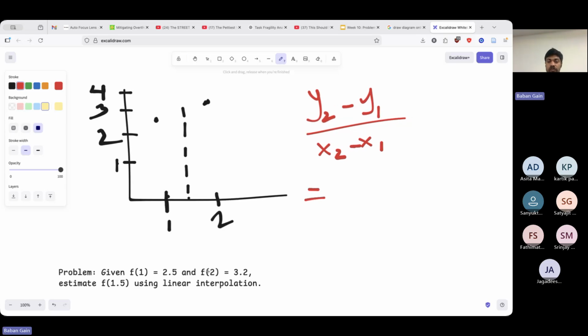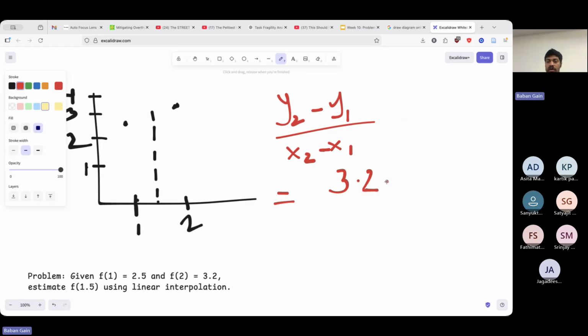Like f of x is like y, so 3.2 minus 2.5 divided by x2 minus x1. x2 is 2, 2 minus 1 is 1. So it will be 0.7, right?